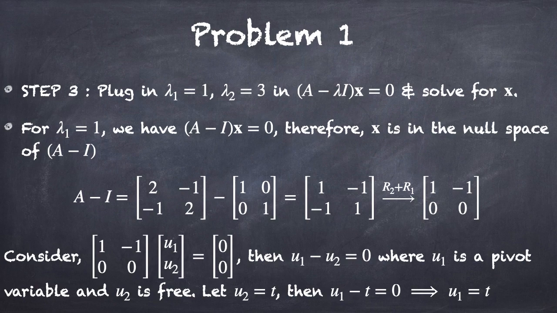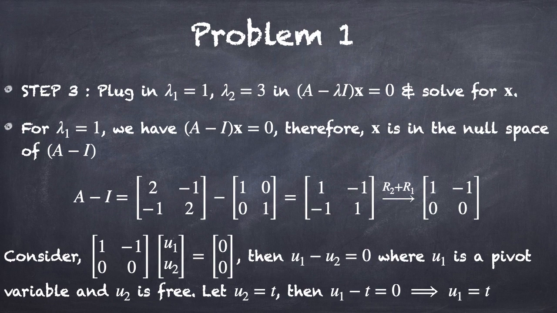Now we'll plug the lambdas into the equation A minus lambda I times x equals 0. We plug in lambda 1, and once we find the values, we find the corresponding solution x. That would be our eigenvector for lambda 1. In the next step, we'll plug in lambda 2 equals 3 into this equation, and that will give us the eigenvector for lambda 2.